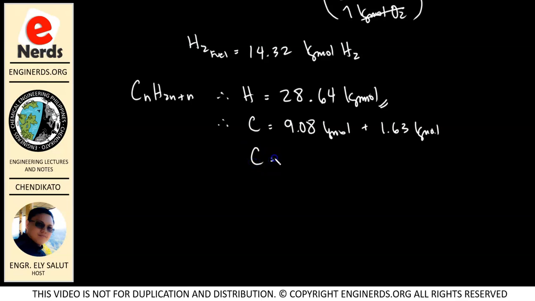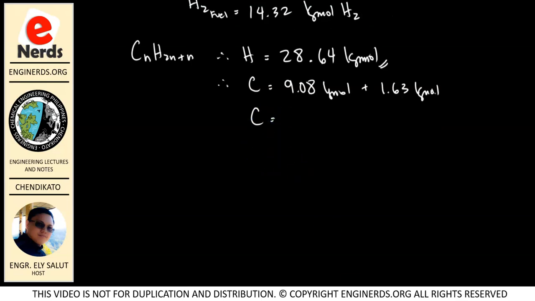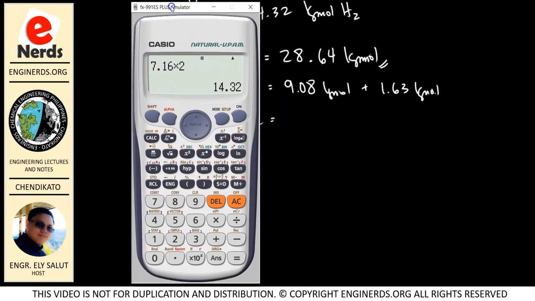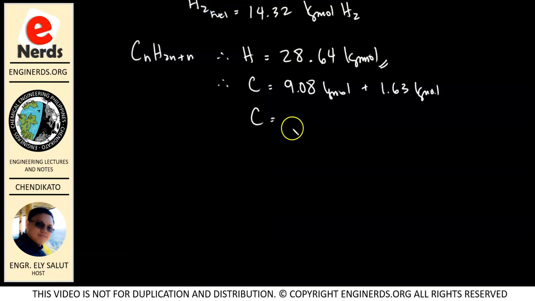Let us use our calculator: 9.08 plus 1.63 is equal to 10.71 kilogram mole.